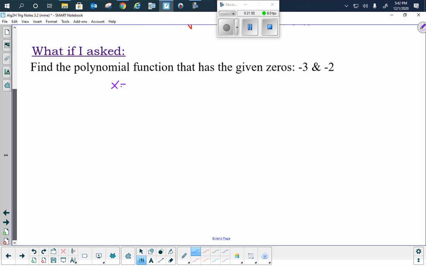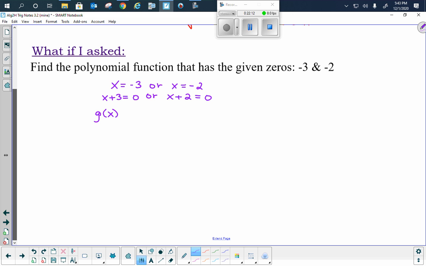If I know x equals negative 3 or x equals negative 2, well, turn those into factors, which means basically set them equal to 0. So bring those back over here. Now put them next to each other.